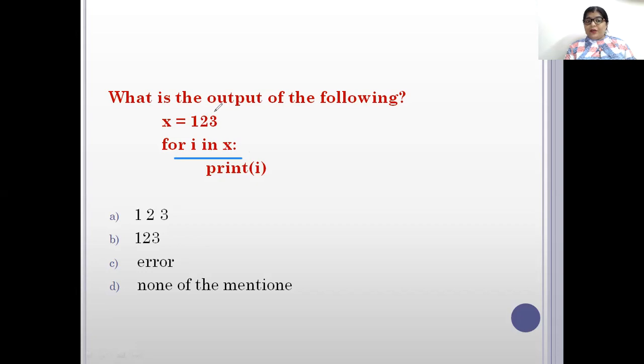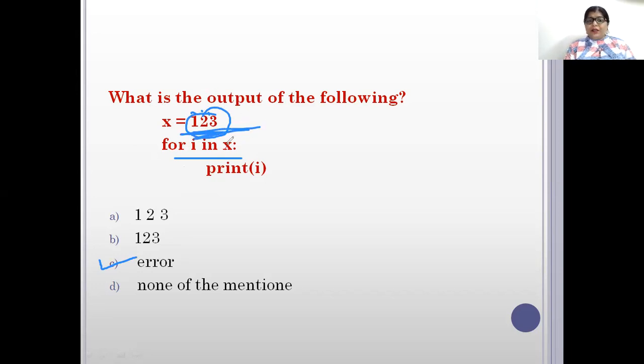It will generate an error because this is one value, not individual. For I in X, we can't separate these things, because this is a number. So it will simply generate the error because the object of type int, because this 1 to 3 is of integer type, is not iterable.